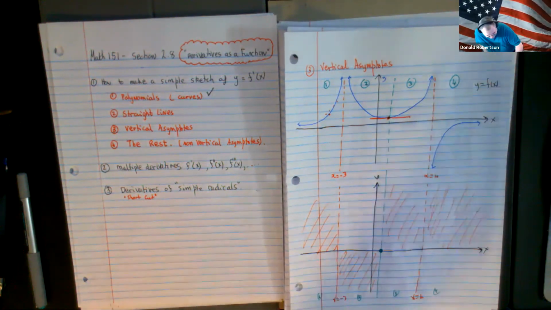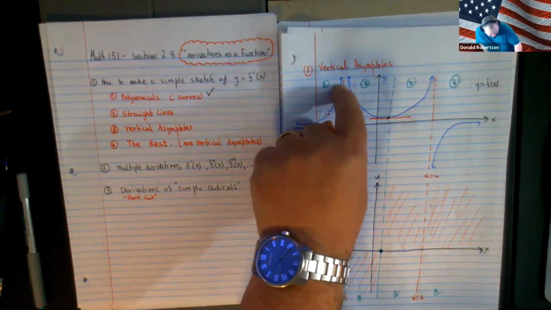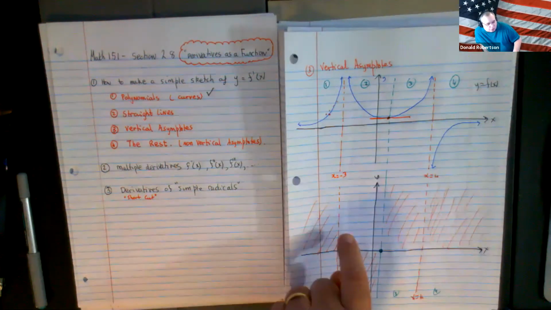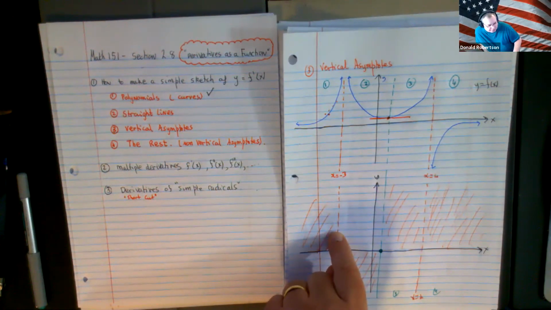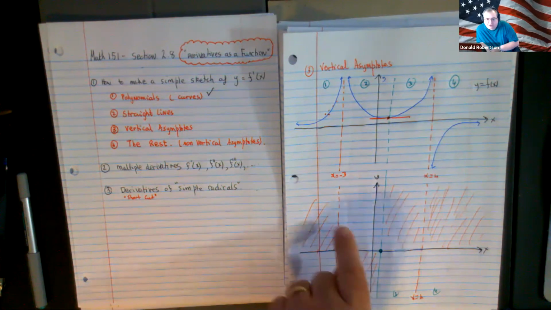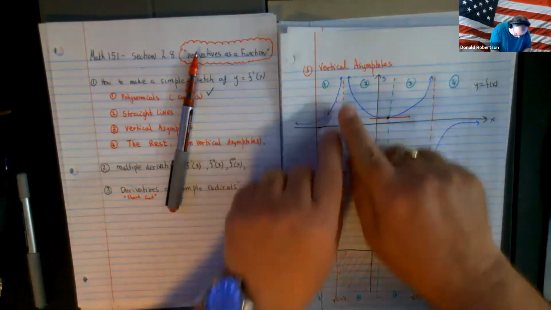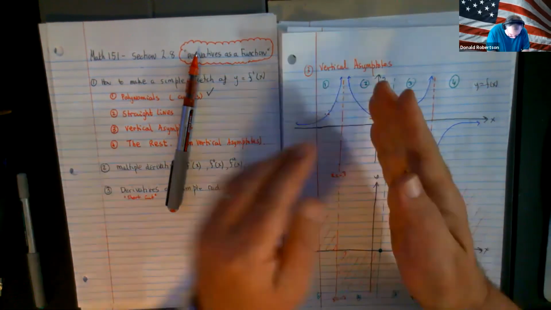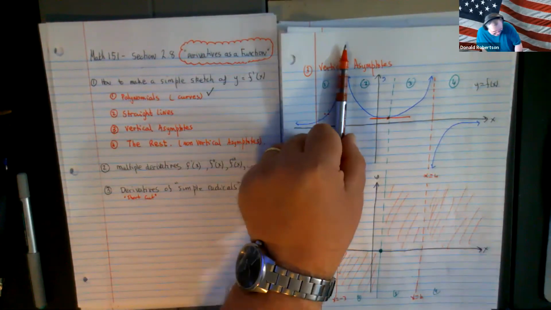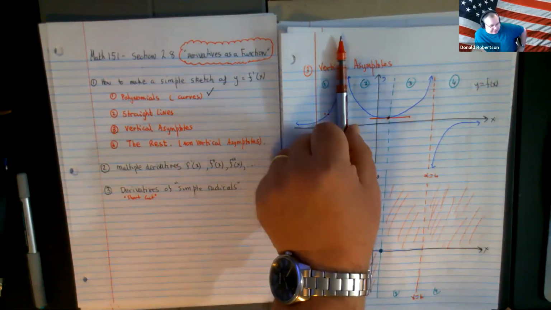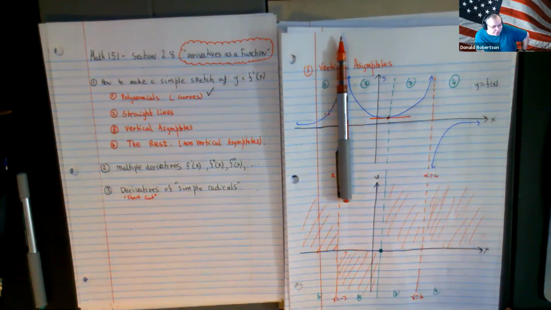So if the original function has a vertical asymptote, the derivative is also going to have a vertical asymptote. So let me try and argue why that's the case. As you get closer and closer to this number x equals -3, won't the tangent lines get very, very vertical? And what's the slope of a vertical line?